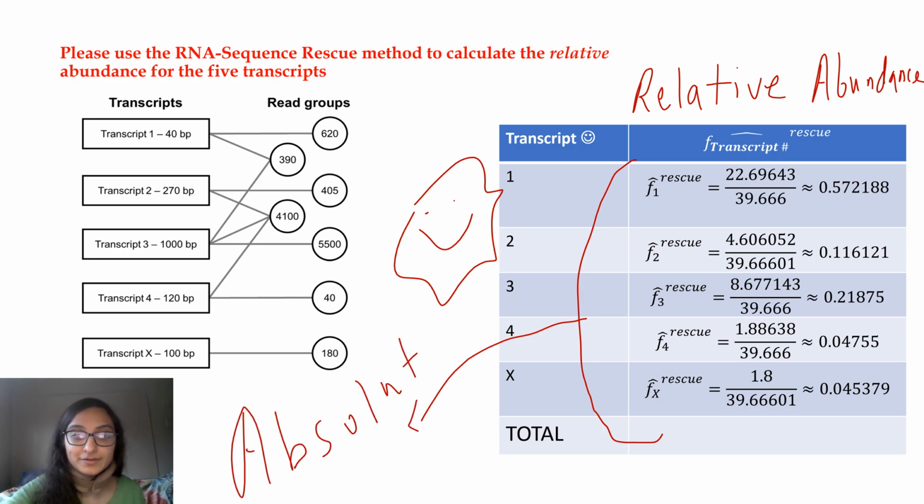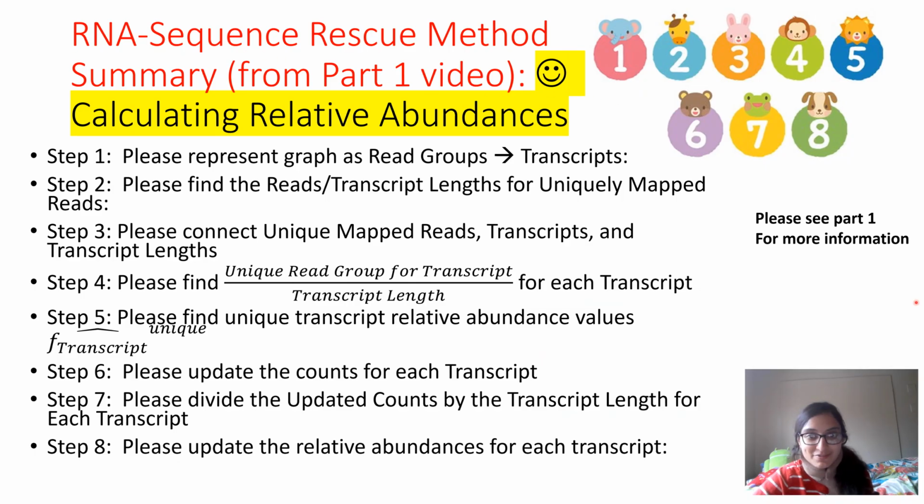So there's a part 1 to this where I walk you guys through how I did this part. Just to summarize, this is how we can go about it. First step: represent the graph as read groups to transcripts. Then find the reads and transcript lengths for uniquely mapped reads, and connect the uniquely mapped reads, transcripts, and transcript lengths together.